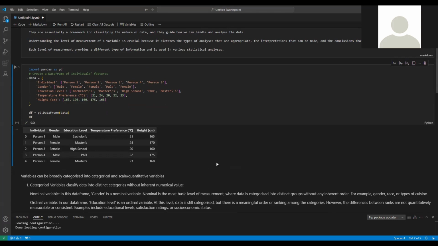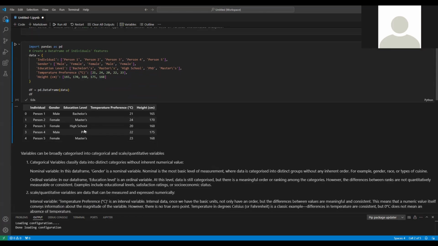The other four columns are variables, showing specific attributes for each individual: gender, educational level, preferred temperature, and height. So we see these four aspects of attributes for these five individuals.